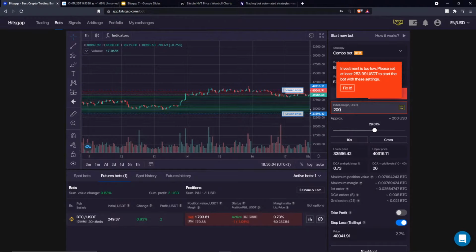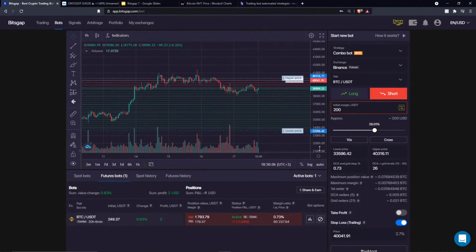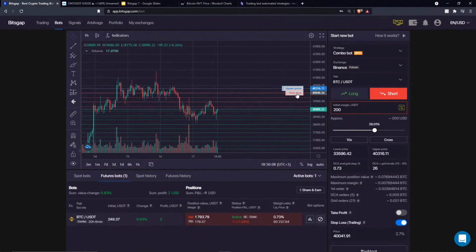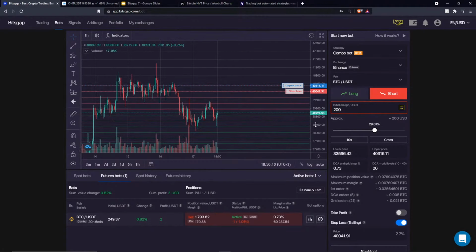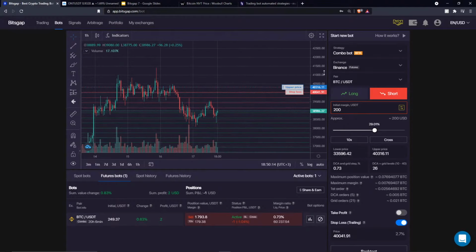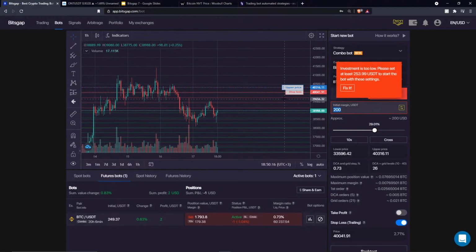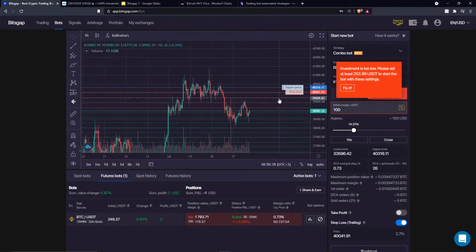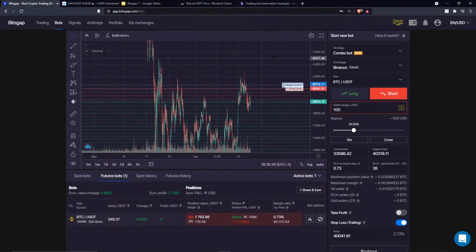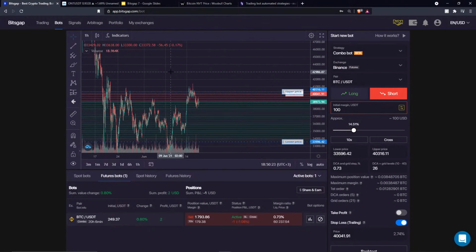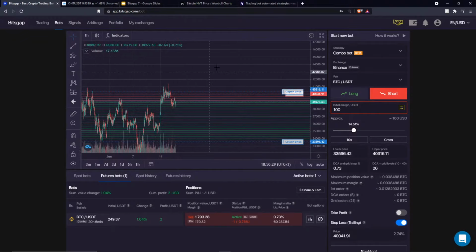In order to have control over this risk and to even minimize it, make sure to set your stop loss pretty close to your entry price, but not too close, because otherwise you basically don't let the bot trade the market, because if you have it too tightly closed, then you don't give enough space for the bot to trade, right?